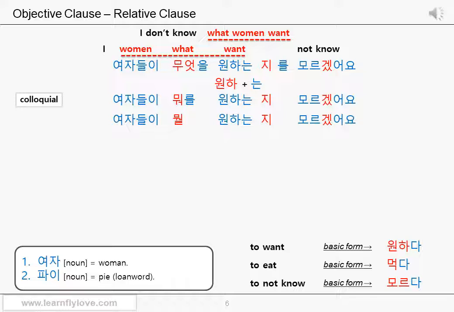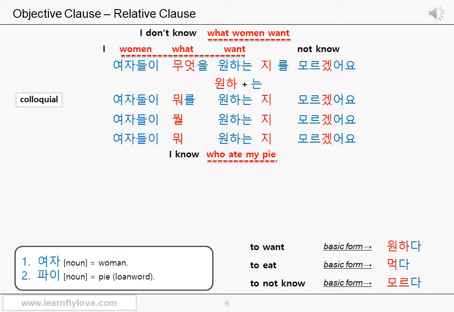You've never seen this before, so take a good look at it. 뭐 with the object particle 를 can be shortened to 뭘, and it's used a lot. 여자들이 뭘 원하는지 모르겠어요. This one sounds perfect. You can use this one in a real-life conversation. If you're not a big fan of object particles, you can get rid of all the object particles. 여자들이 뭐 원하는지 모르겠어요. It sounds just fine.